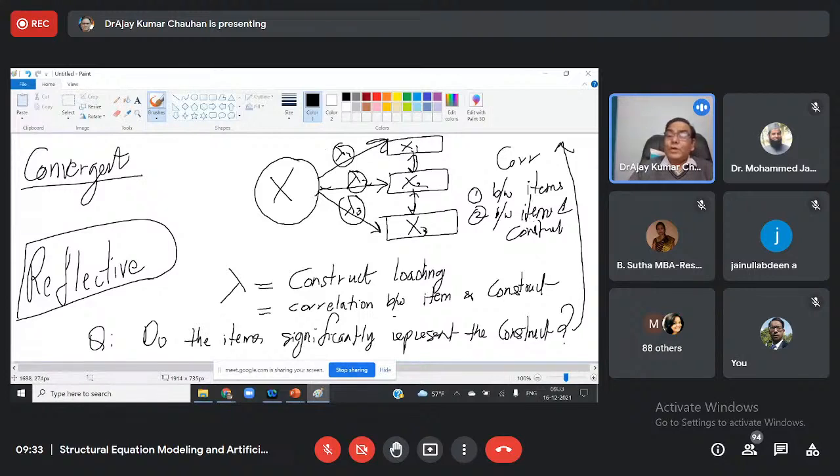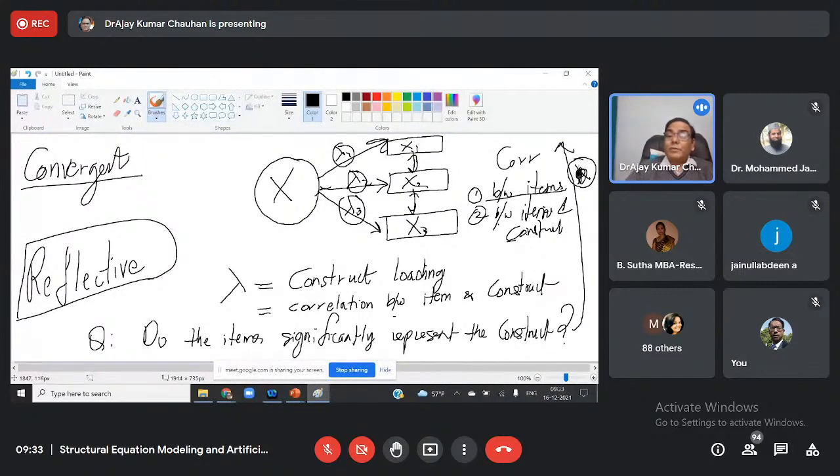We want these two answers: whether the correlation among the items is strong, and whether the correlation between items and the construct is strong.